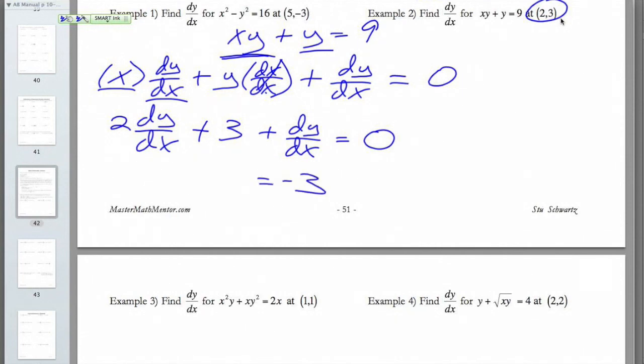I have 2 dy dx plus dy dx. What does that give me? 3 dy dx. And then all I have to do is divide. So I get dy over dx equals -1. Now again, what do I have there? dy dx equals -1 is the tangent line slope at the point (2, 3). Very good.